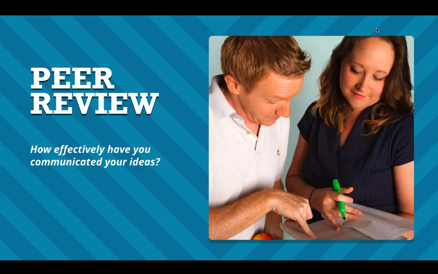So this week, we are going to ask ourselves this question: how effectively have we communicated our ideas? One of the most difficult things about communication and about writing in general is that ideas that seem crystal clear in our heads may not be coming across as clearly to whoever we're trying to communicate with. And peer review allows us to get those other points of view to see if we're communicating effectively. So that's kind of our overall goal this week.